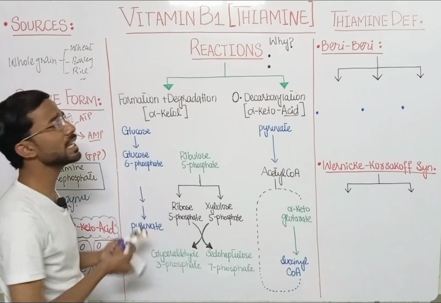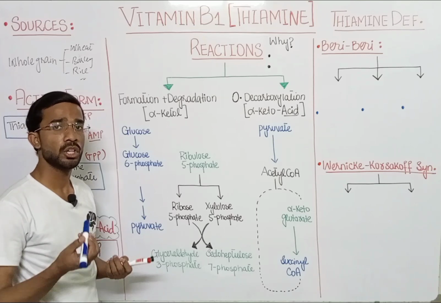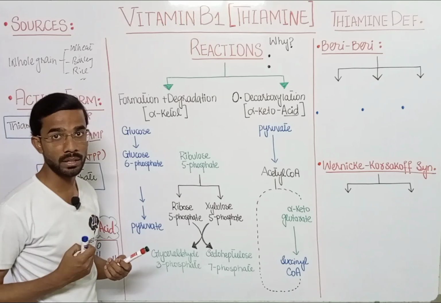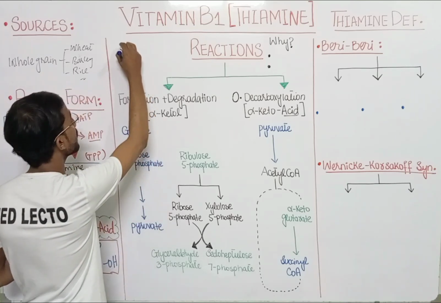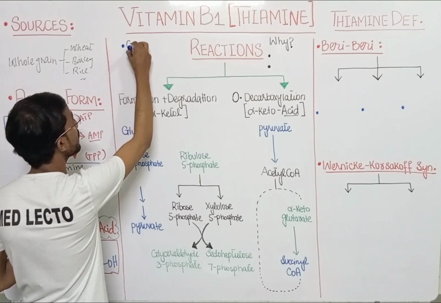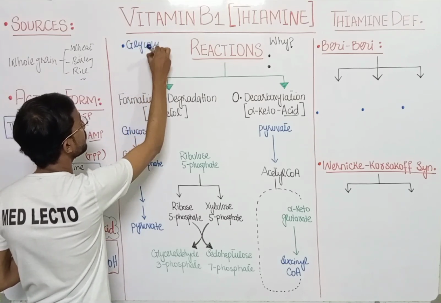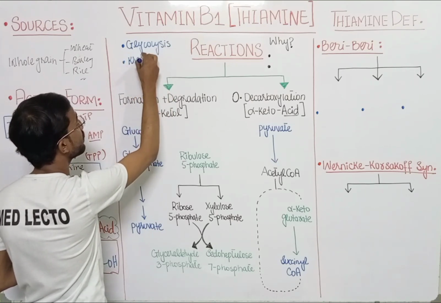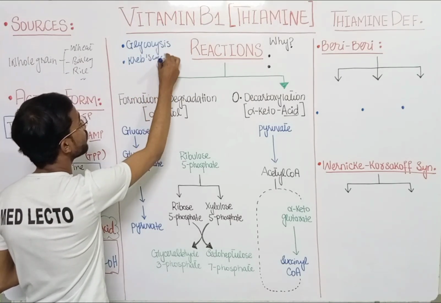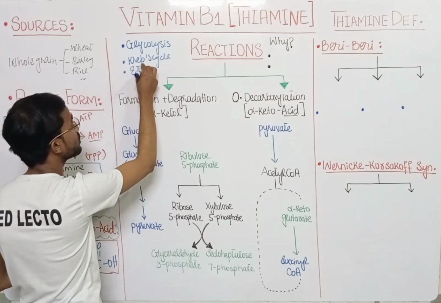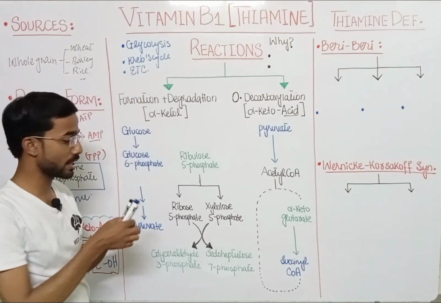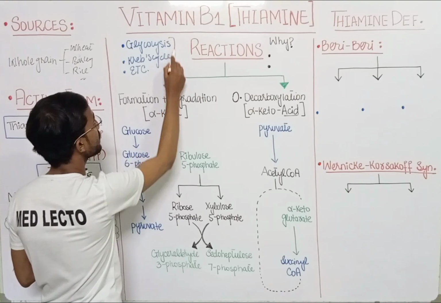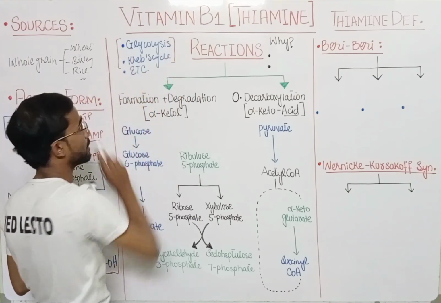In the respiratory process, you will see three main processes: first is glycolysis, second is the Krebs cycle, and last is the electron transport chain. But our main focus is on glycolysis and the Krebs cycle.